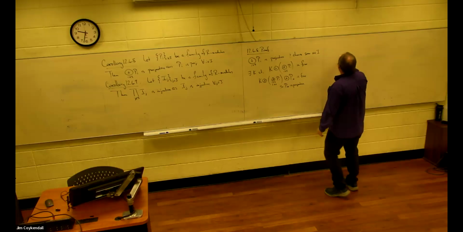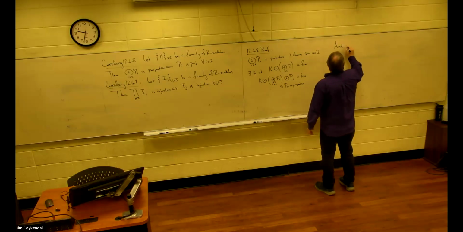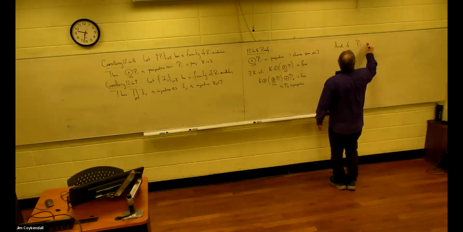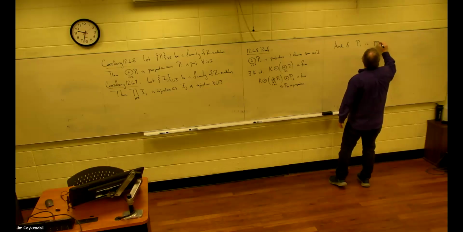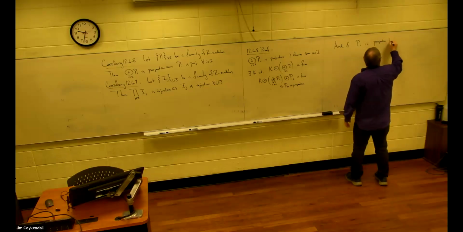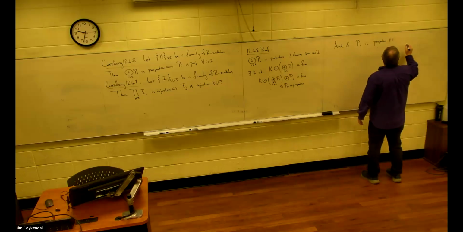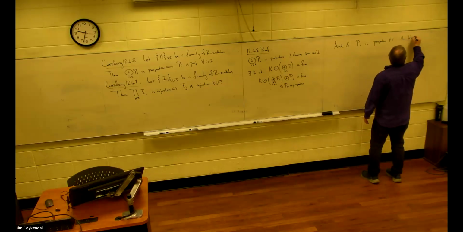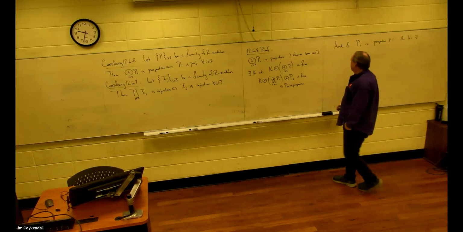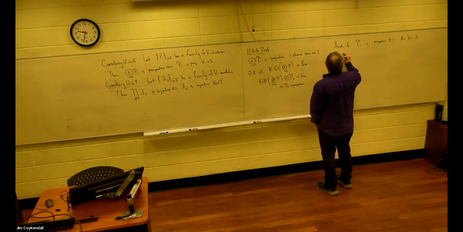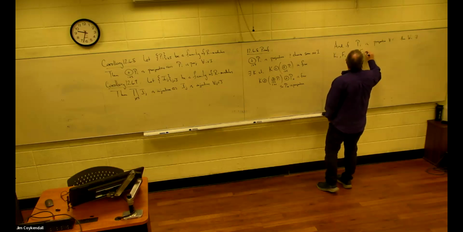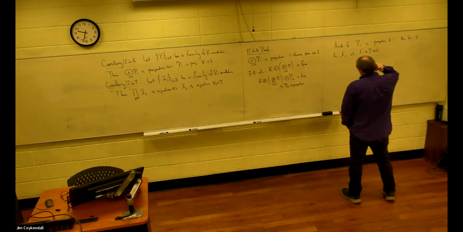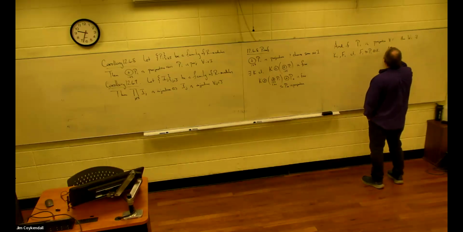For the other direction, if each P_i is projective, then for all i there exists K_i and F_i such that F_i is isomorphic to P_i direct sum K_i and F_i is free.